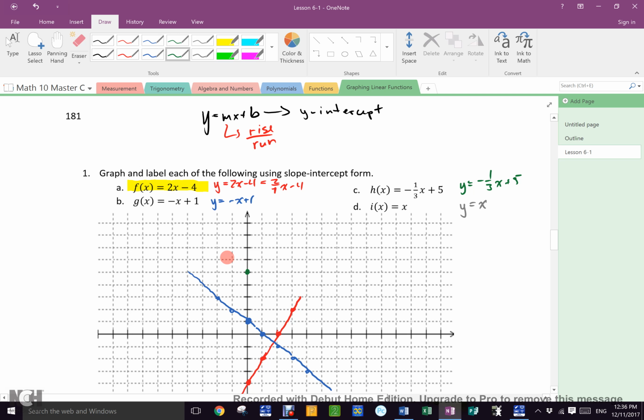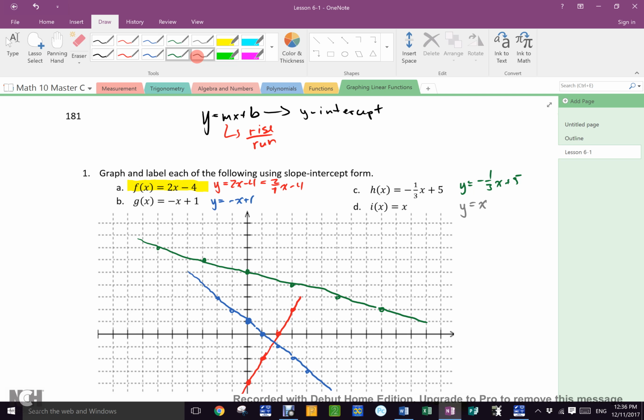Right, up 1 and then left 3. Or down 1 and right 3. Down 1, right 3. Up 1, left 3. And then I could connect that line. Is everybody cool?